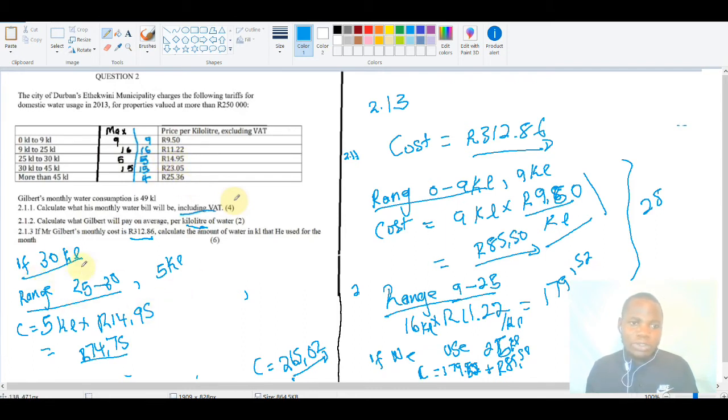But if we use 30, already we said if you use 25, you pay that, plus that one. So your cost, if you use 30, you add 265.02 plus 74.75. So what is the cost?